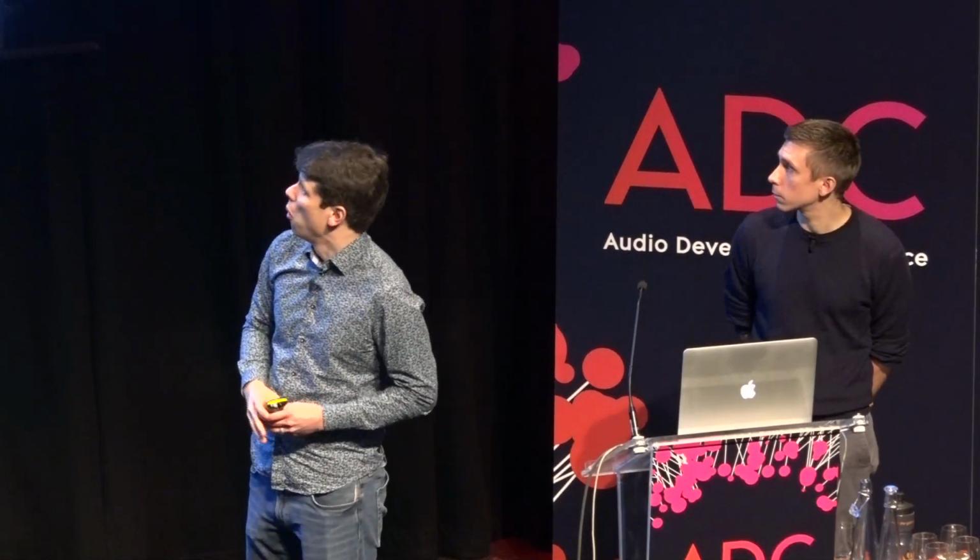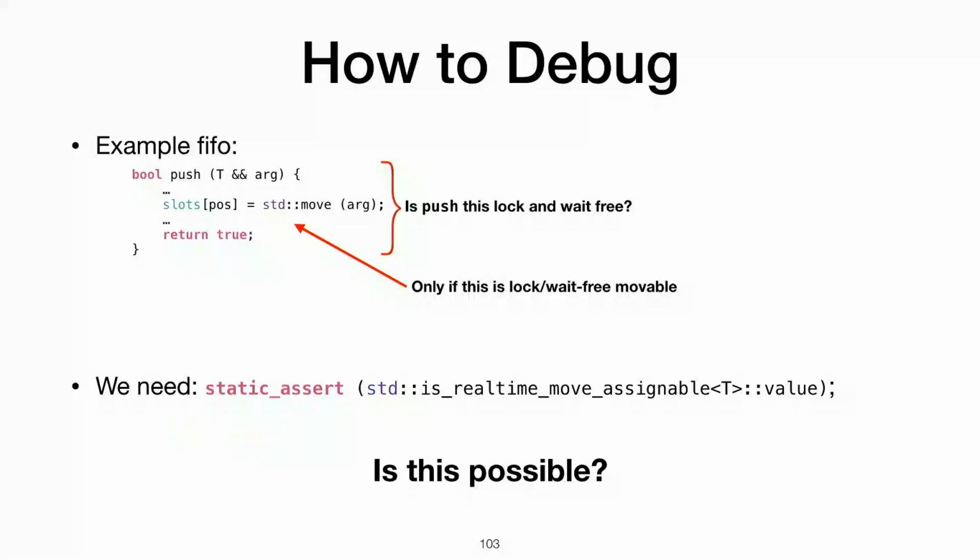So one thing that I also came up with when writing the Farbot library is, I would love to say that my FIFO, or exactly this question that just came up here with the lambda, I would love to say my FIFO is always real-time safe, but it isn't. It depends on what you're using it with. If you're using it with a large lambda, it's not real-time safe, because this move won't be real-time safe, or allocating in this case.